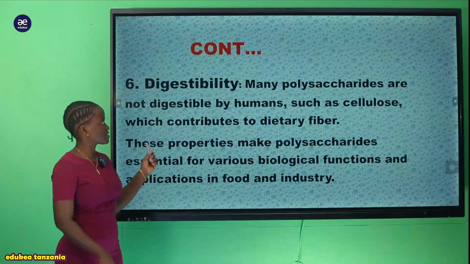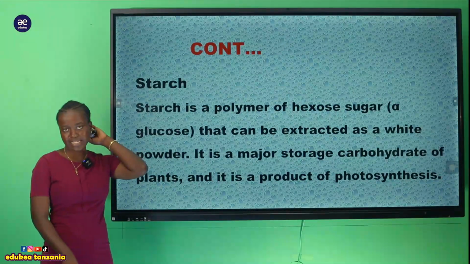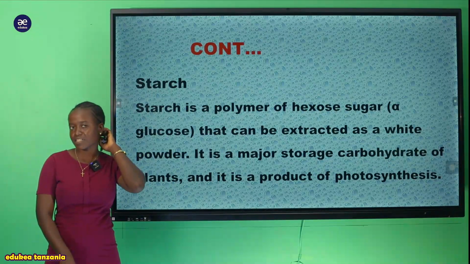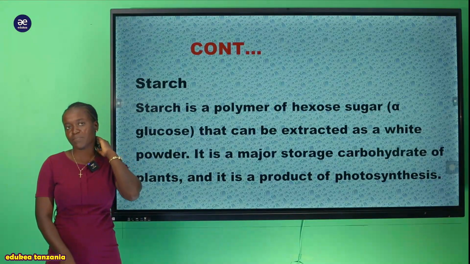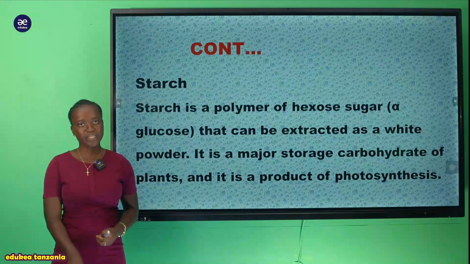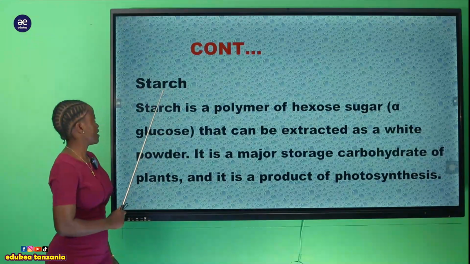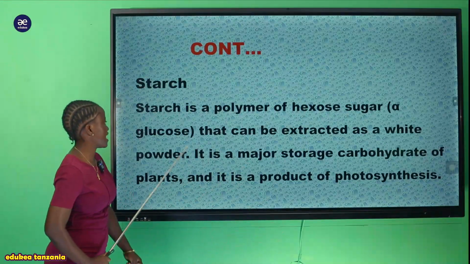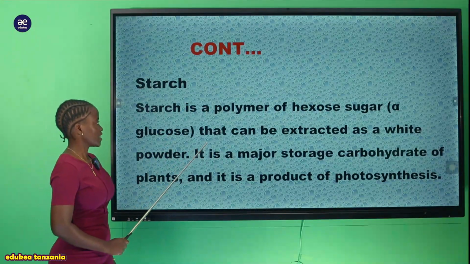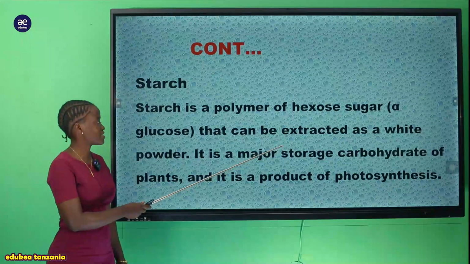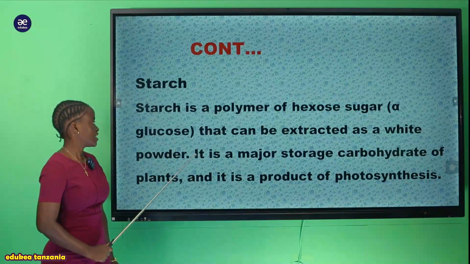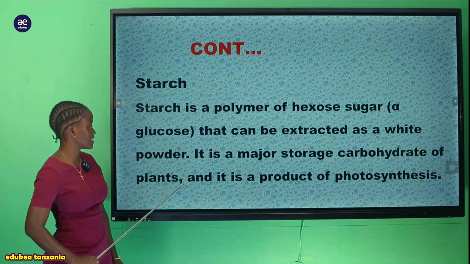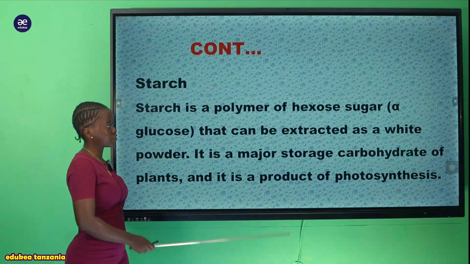So now let's look at another thing. Let's start looking at examples of polysaccharides. Here we have starch. Starch is a polymer of a hexose sugar, that is alpha glucose, that can be extracted as a white powder. It is a major storage carbohydrate of a plant, and it is a product of photosynthesis.